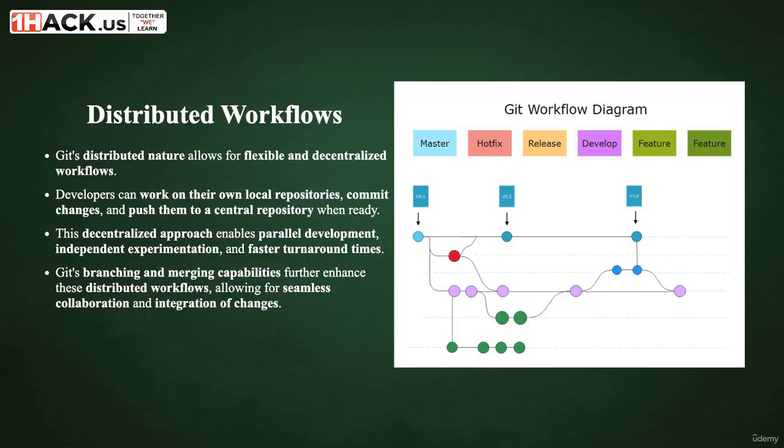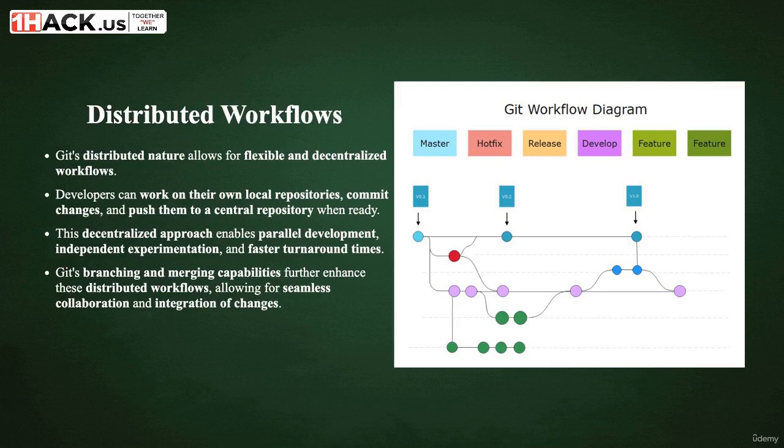This decentralized approach to version control enables parallel development where multiple team members can work on different aspects of the project simultaneously. It also allows for independent experimentation, as developers can create and work on their own branches without affecting the main codebase. The distributed nature of Git, combined with its powerful branching and merging capabilities, further enhances these workflows.